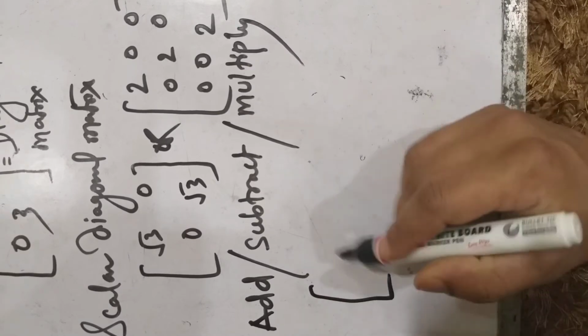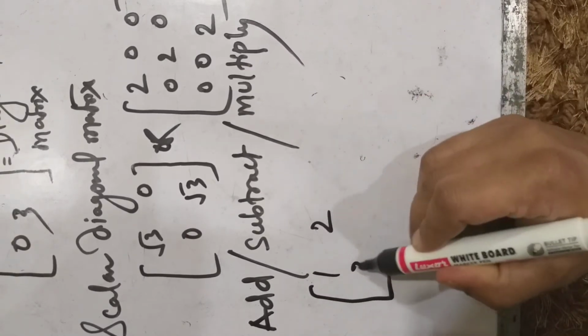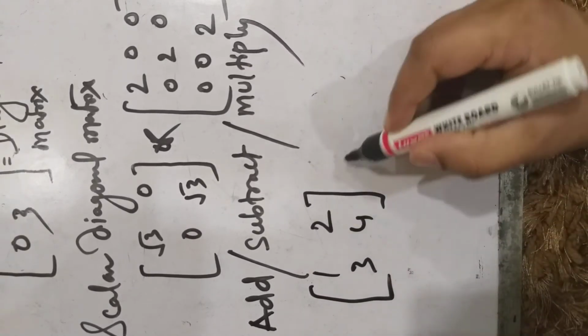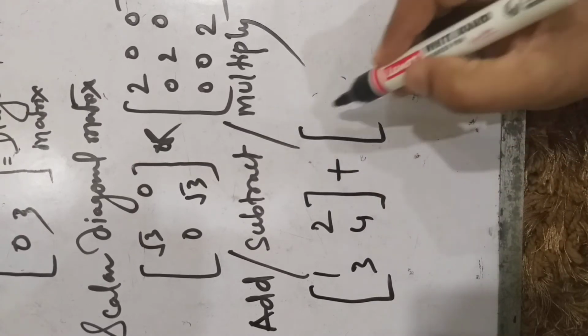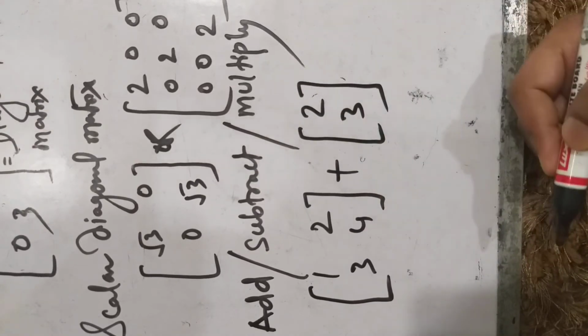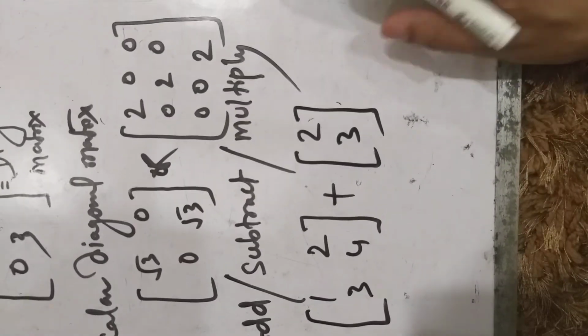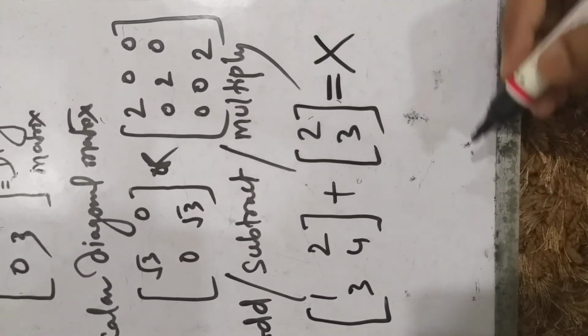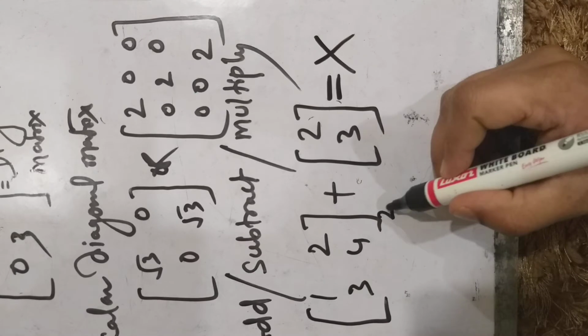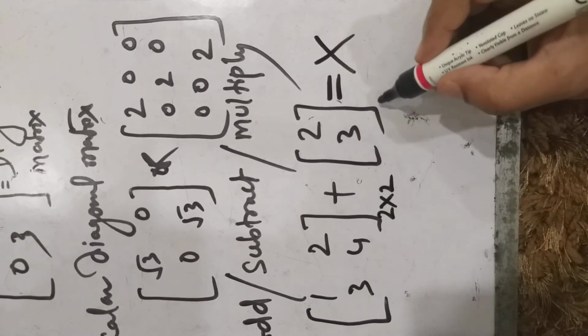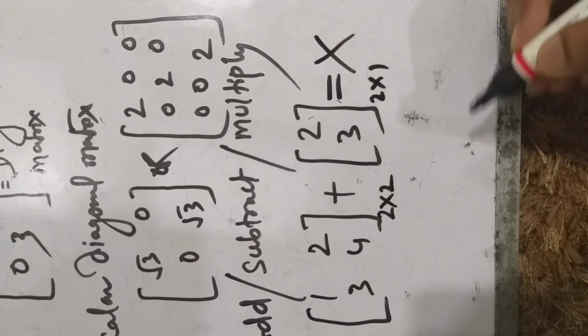Say there is a matrix 1 2 3 4 and I want to add this with 2 3. The addition of these two matrices is not possible because the order is 2 cross 2 and the order is 2 cross 1.